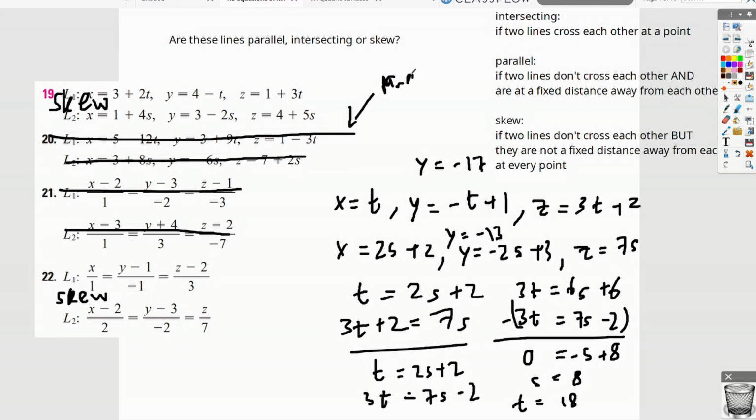So these are parallel. I can just tell you by inspection. I don't know what 21 is though, so I have to do that by myself if I want to know. If you figure out a mistake, like what I did was a mistake, then please tell me, because I am not perfect. I wish I was. So let's keep going.